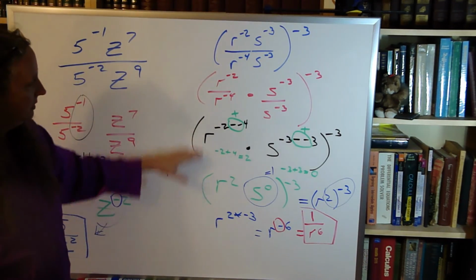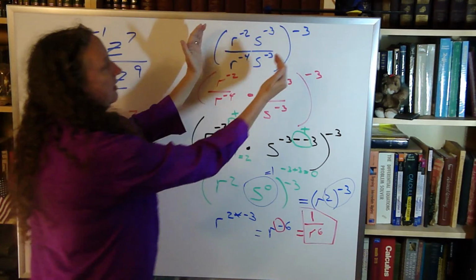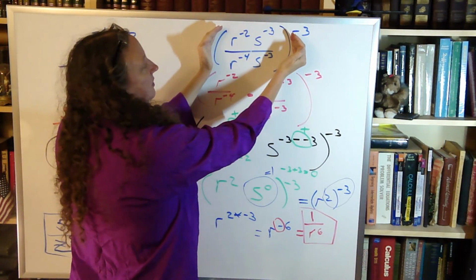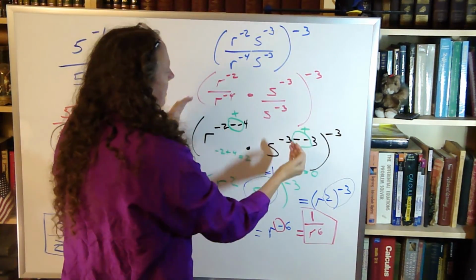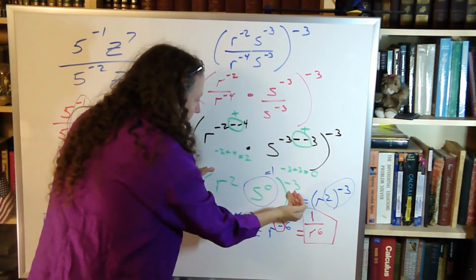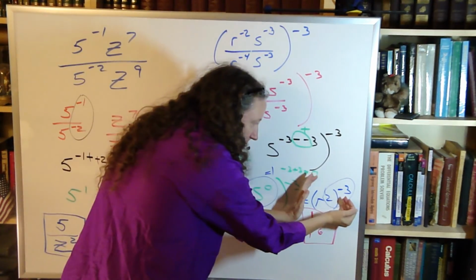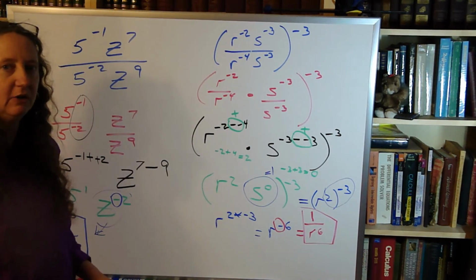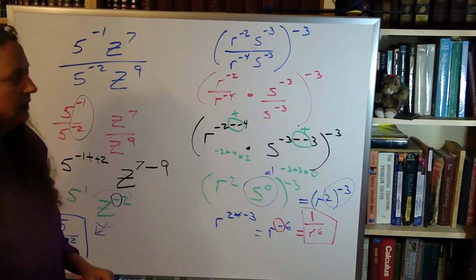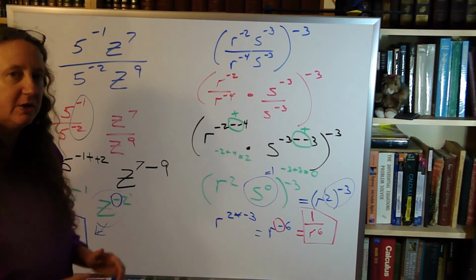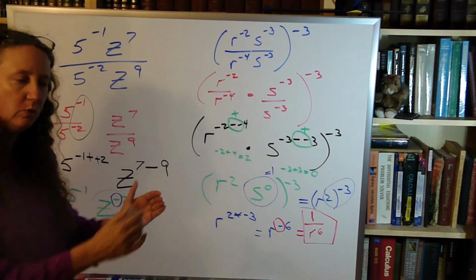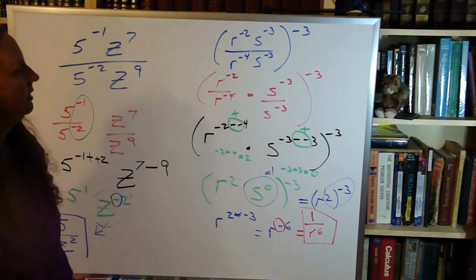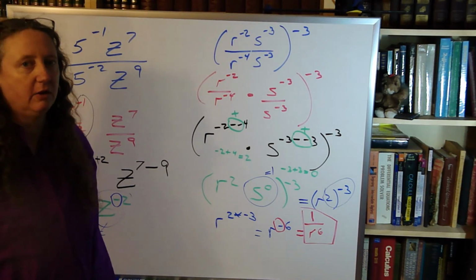So we just want to simplify, simplify, simplify until you can't simplify anymore. Then apply the exponent on the outside. So it's kind of like using your order of operations. You want to do the parentheses first.